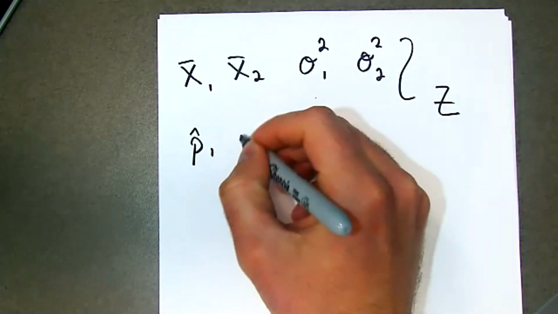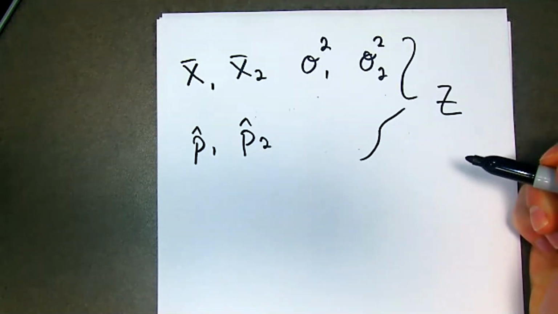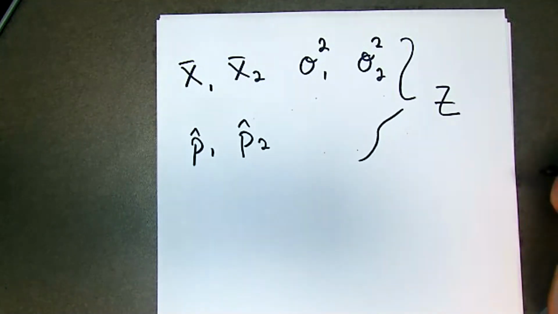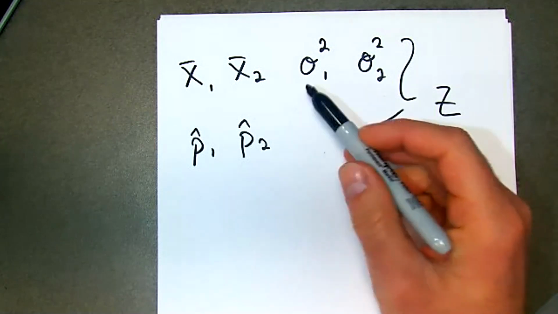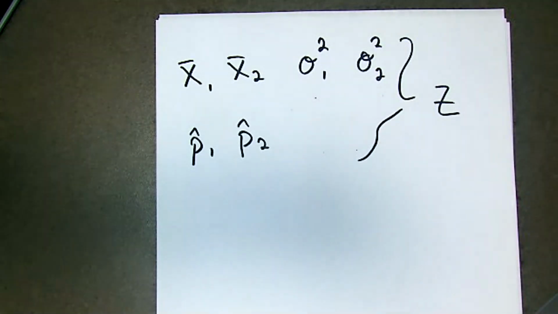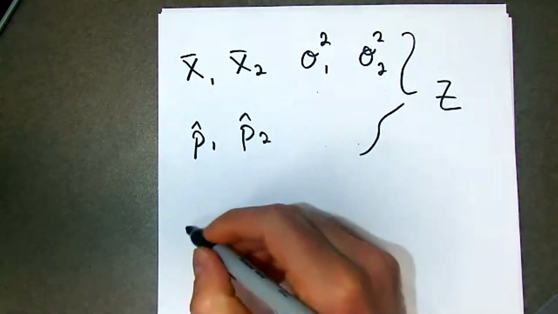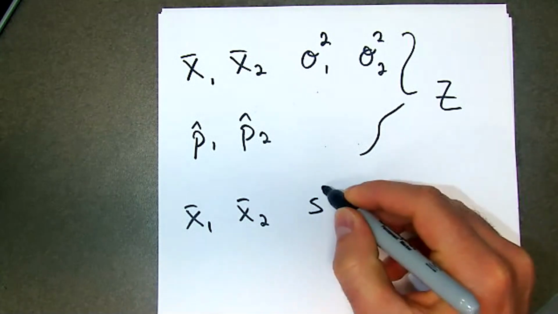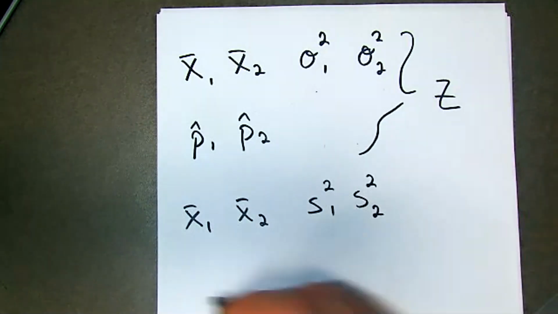Anytime we're looking for the differences in two sample proportions, whether confidence intervals or hypothesis testing, use that standard normal. These are the only two scenarios on this upcoming exam for which you'll use the standard normal distribution. Every other scenario, you'll use the student T, which would be examples where you've got the difference between sample means but you only have sample variances.